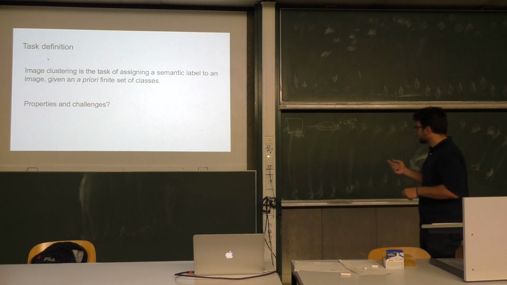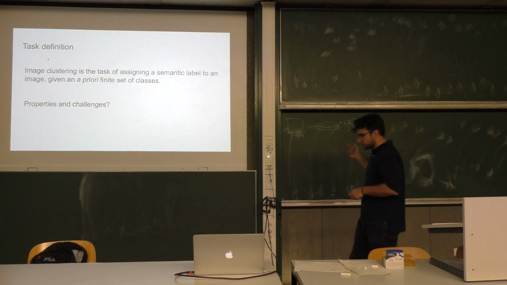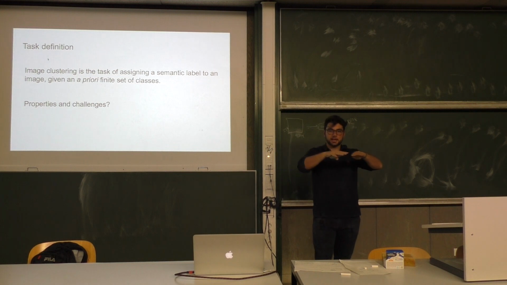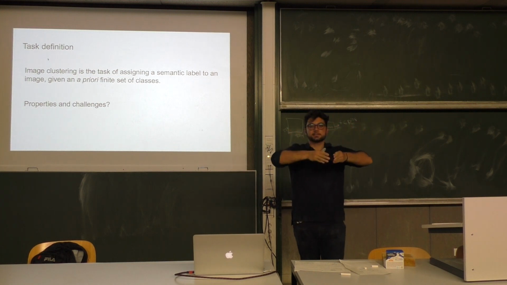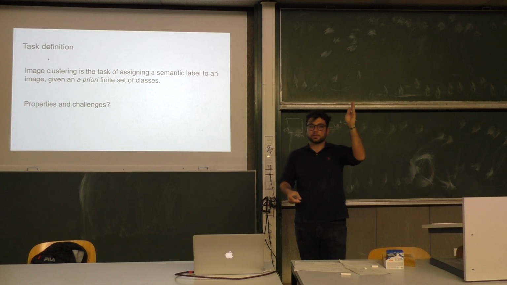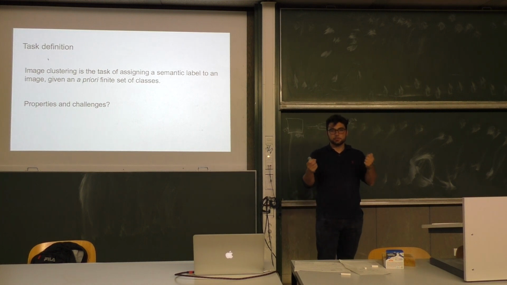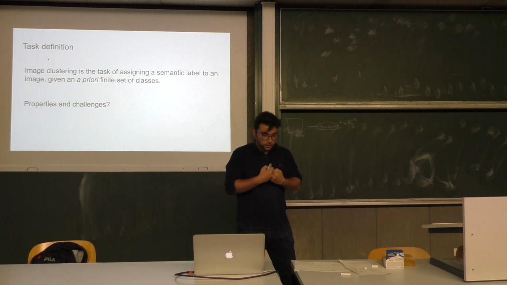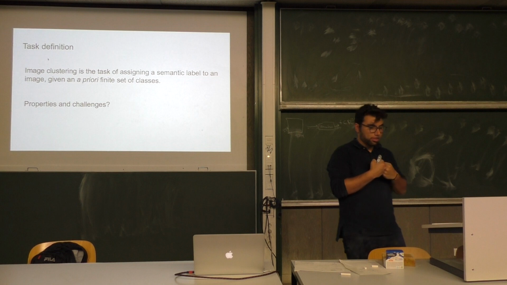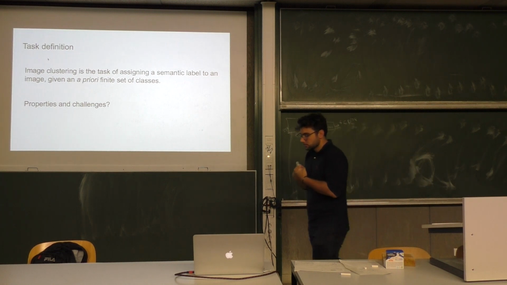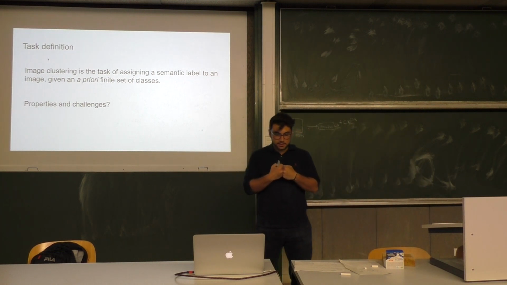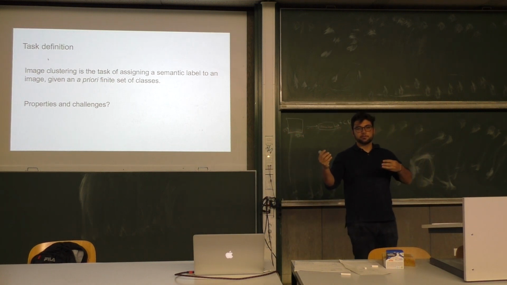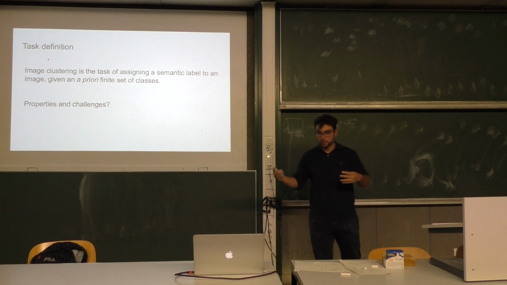The illustration that I showed about mode collapse, to either distribute the probability uniformly over these classes or predict one class with 100% probability for all the images in the dataset, is a very typical problem in image clustering. What else do we want to know about? Okay, it's a challenging task, and the property is that you have this very hard balance to achieve in general.